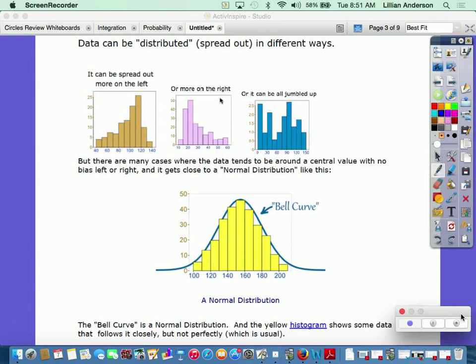A normal distribution curve is created from an old school bar graph, taking the top points and connecting them to create it. Does everybody see that? Because if you look, he's hitting the top of each one of those histogram bars. Questions so far about what it's going to look like?